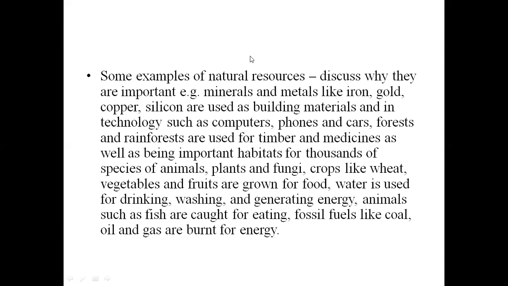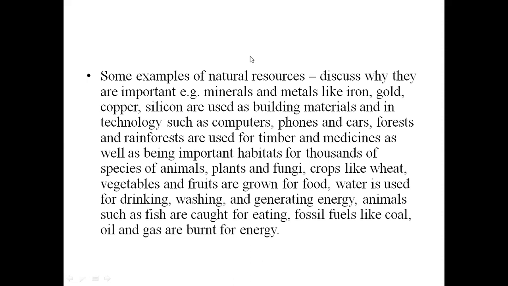Plants and fungi, crops like wheat, vegetables, and fruits are grown for food. So again, from forest resources we grow various crops, various fruits and vegetables for food. Now, water is another type of natural resource.